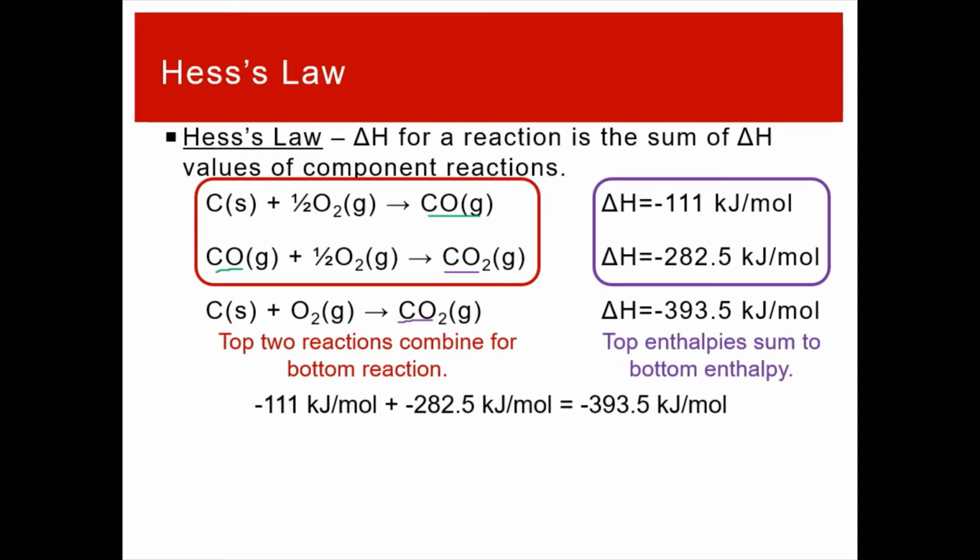Well, on the other side, the enthalpies of the small changes add up to give you the overall enthalpy change of the big change. So this is what Hess's law is saying: if you have small chemical changes that combine into a bigger chemical change, the enthalpy for that bigger chemical change is the sum of the enthalpies of the small chemical changes.